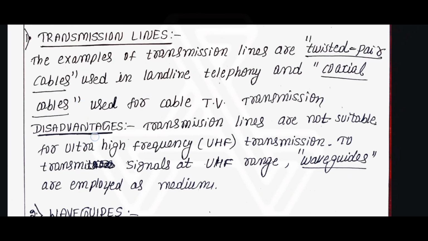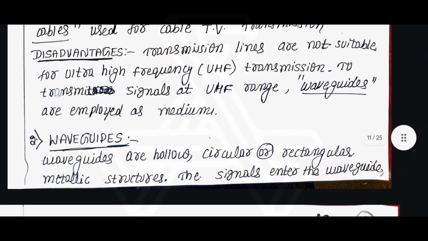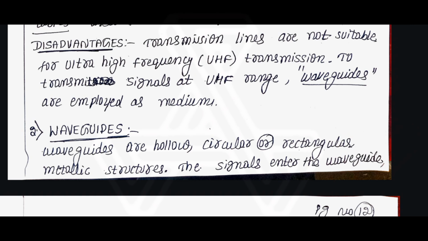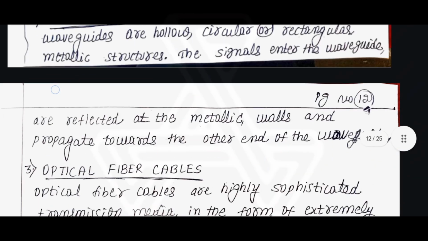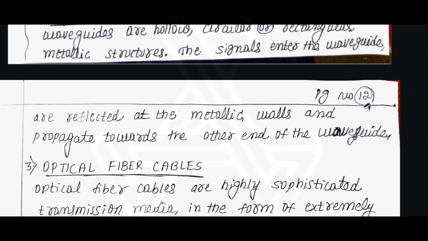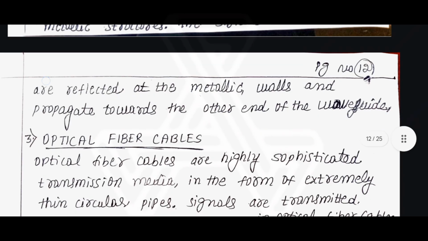To transmit signals in the ultra high frequency range, waveguides are employed as the medium. Waveguides are hollow, circular or rectangular metallic structures. The signals that enter the waveguide are reflected at the metallic walls and propagate towards the other end of the waveguide.